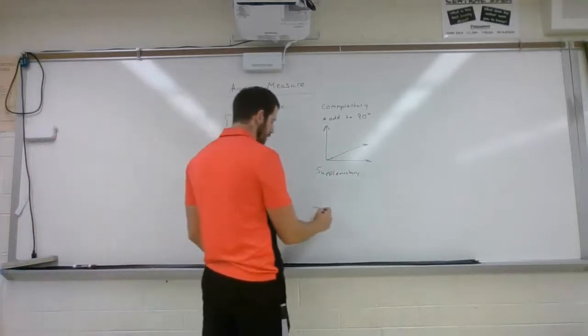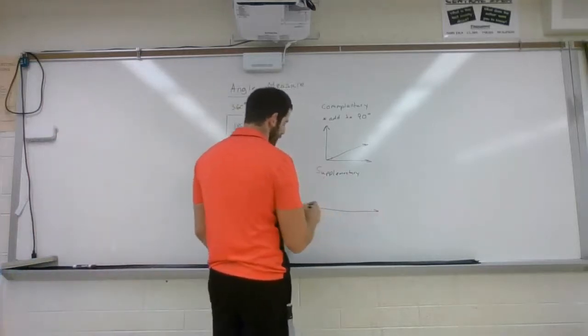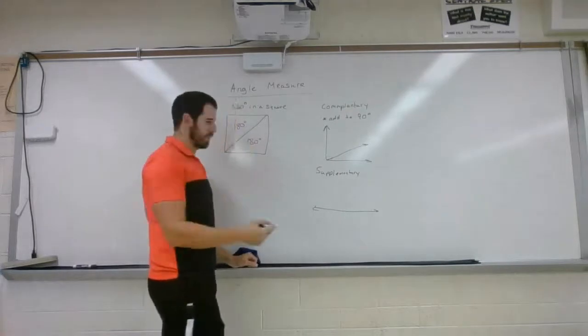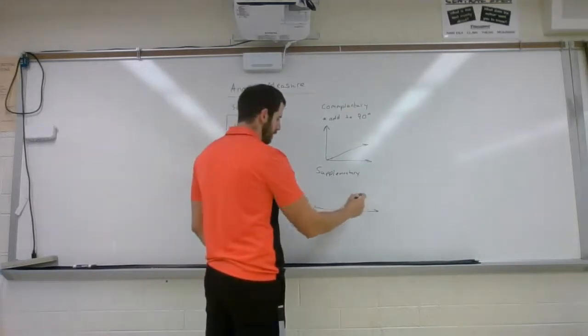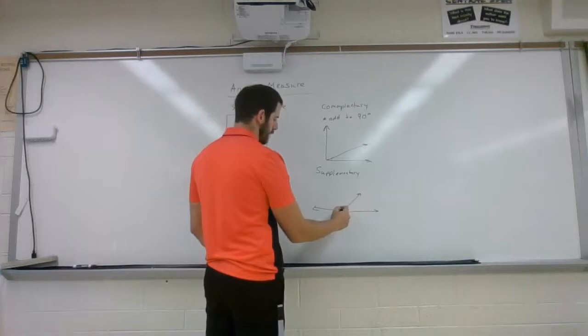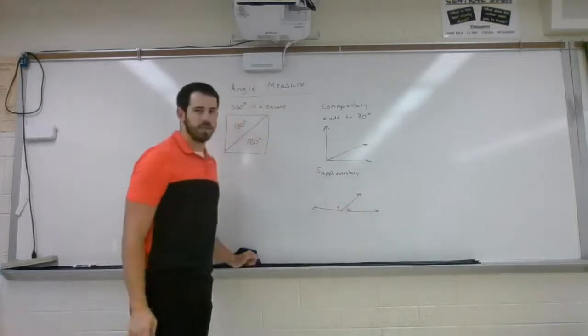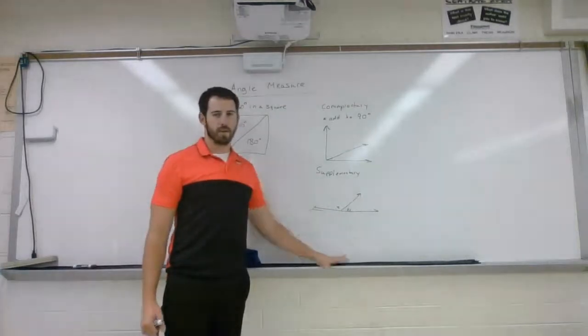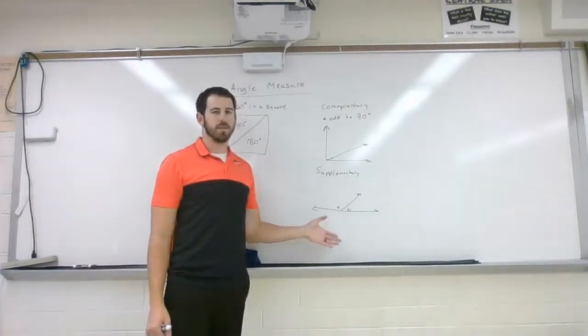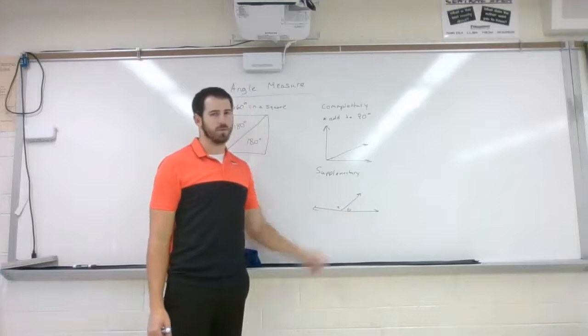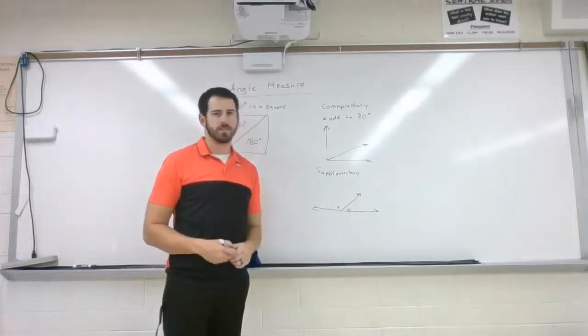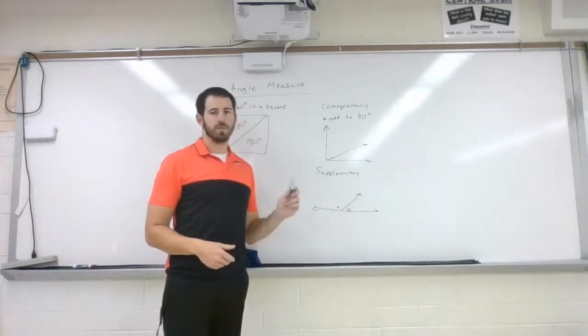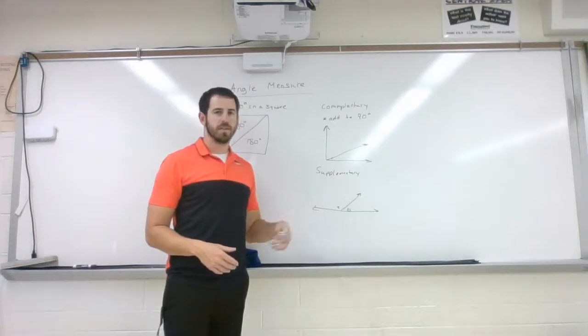Here it's just twice as big. It's going to add up to 180 degrees, where you're going to have angle A and angle B or whatever they're labeled, and it's the same thing. You're not given that they're 180 degrees, but you're given that it's supplementary, so you know that these 2 have to equal 180 degrees.